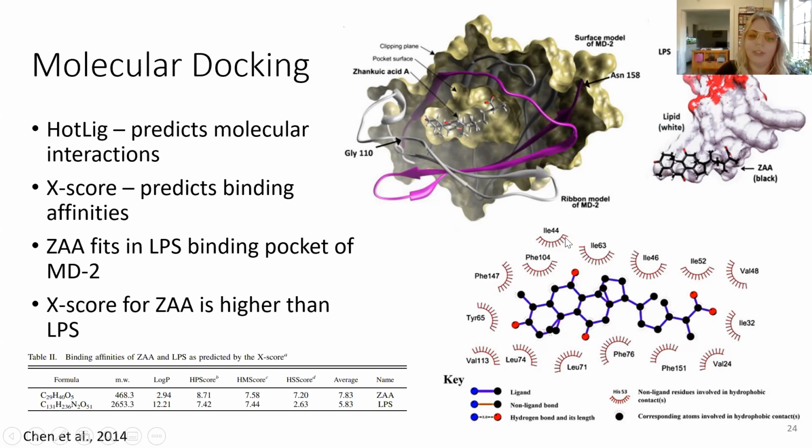They were also able to see which hydrophobic amino acids in MD2 were involved in binding to ZA, as well as which ZA atoms were involved in hydrogen bonds with these amino acids, which are the atoms in red, which I thought was really interesting. And so their X score for the binding affinity with MD2 was higher for ZA than it was for LPS, which indicates that ZA could potentially outcompete LPS for MD2 binding.